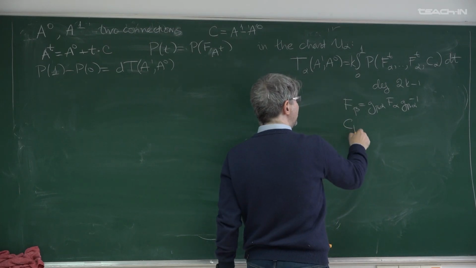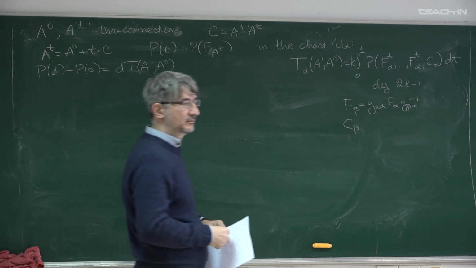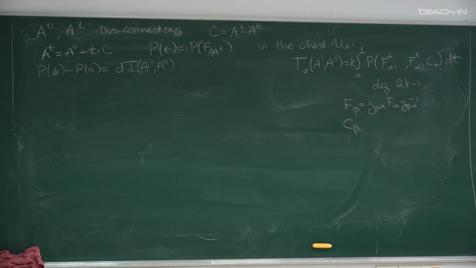But what happens to C? C is the difference of two connections, and a connection is changed by a very complicated formula. No one likes it. But the least likable part gets cancelled and we are left with the adjoint.